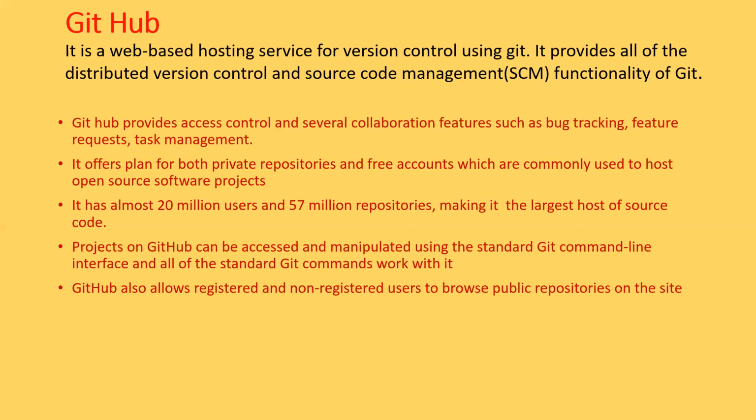We can see these commands in later sessions. You can use those commands directly from the command line prompt, and you can directly pull all the files from the Git repository projects.